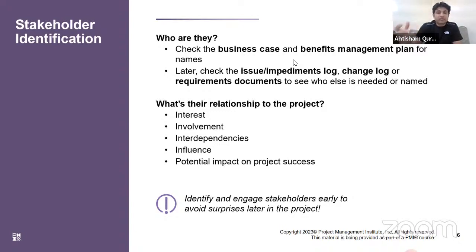Their interest level. And then how many dependencies we have on those stakeholders, and how much influence this particular stakeholder can derive, or we can derive from the stakeholder. Like, is he influential? Is he higher in the organization? Is he having power? So we need to understand their influence level.